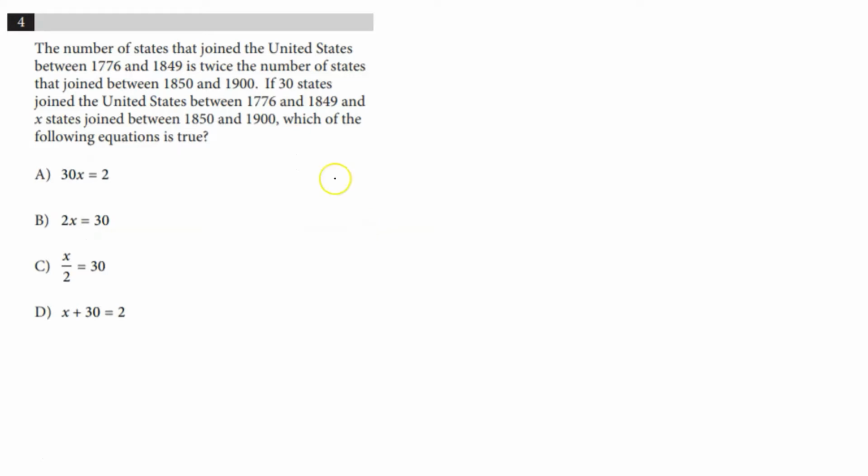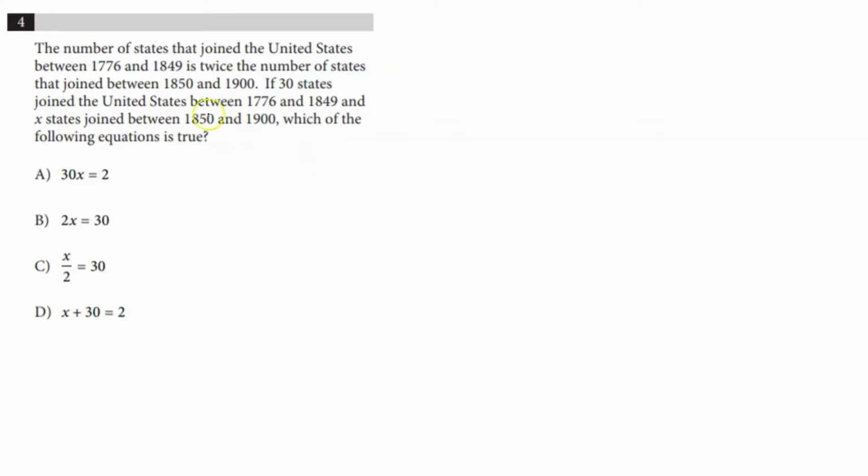The number of states that joined the United States between 1776 and 1849 is twice the number of states that joined between 1850 and 1900. If 30 states joined between 1776 and 1849, and x states joined between 1850 and 1900, which of the following is true?